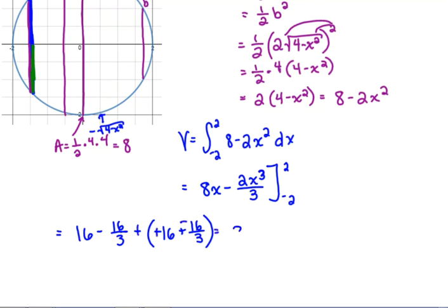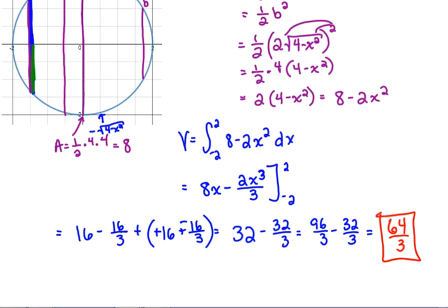We actually get 16 plus 16, which is 32, and -16 thirds plus -16 thirds, which is -32 thirds. And if we get a common denominator, that's 96 over 3 minus 32 over 3, which gives us 64 over 3.